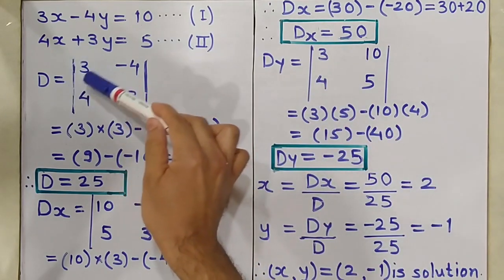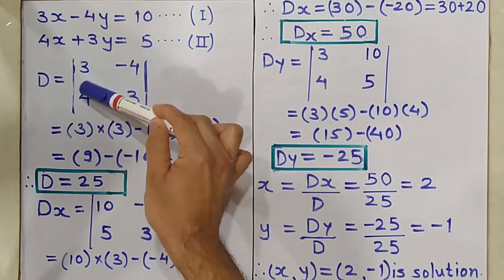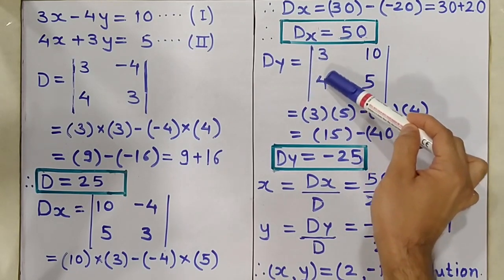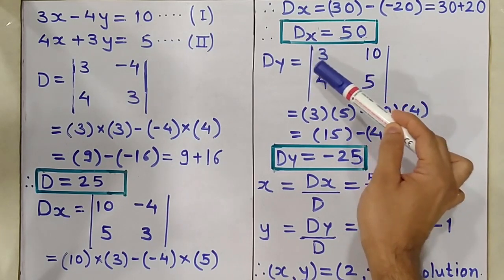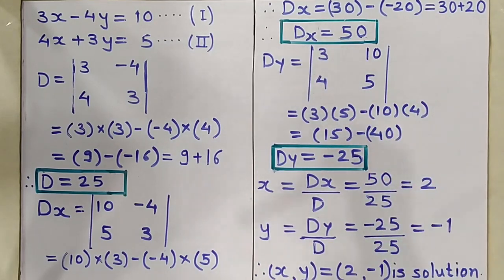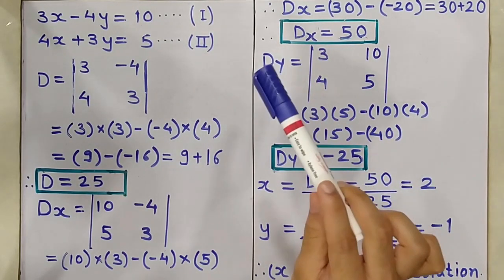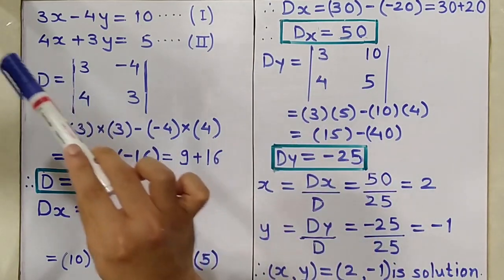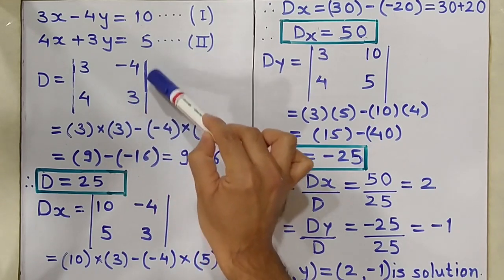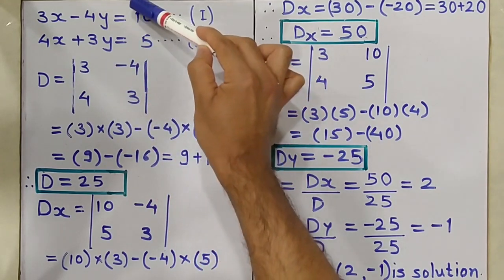And this 3 and 4 are going to remain as it is. That is, यहाँ पे 3 आएगा और 4 आएगा. इसमें कुछ भी चेंज नहीं आएगा. They are going to remain as it is. So while forming dy, you have to take d, replace the coefficients of y by constant terms.